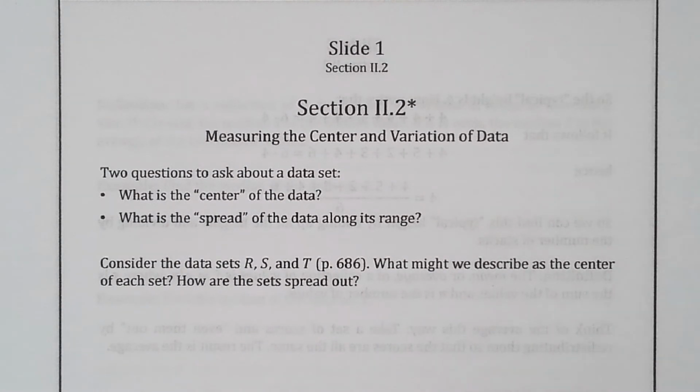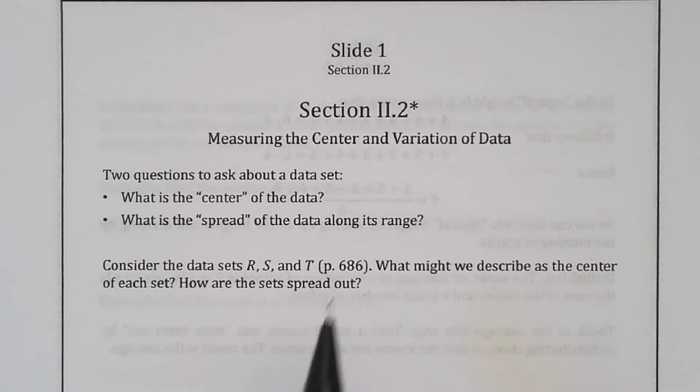Okay, so if you will, please turn to page 686 of the textbook and look at the data sets R, S, and T. They all look like they probably represent test scores or something like that, but they all have different centers and different spreads. So R looks like most of the scores are somewhere between 70 and 80.